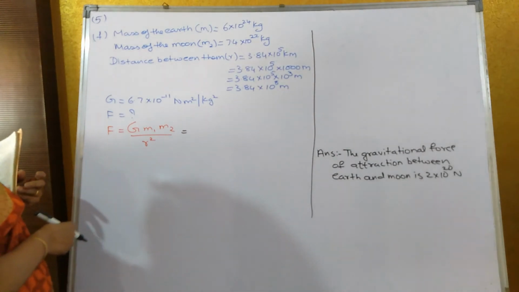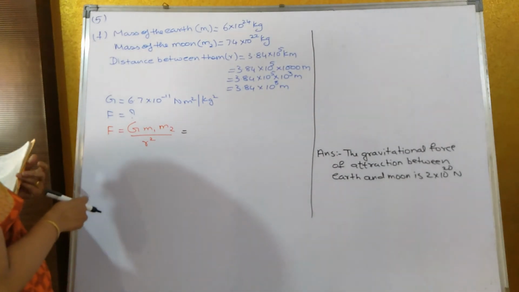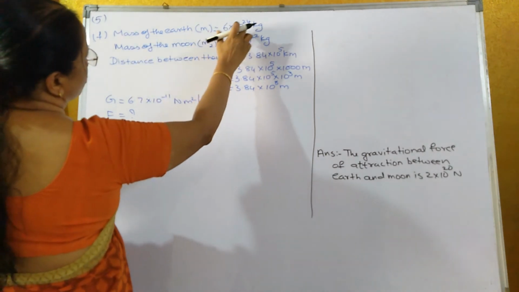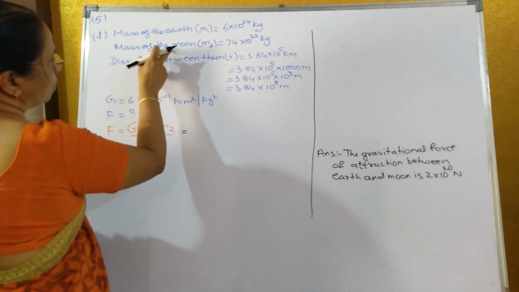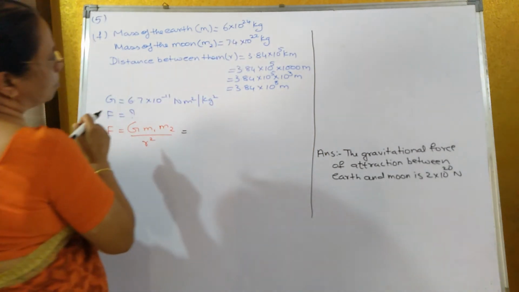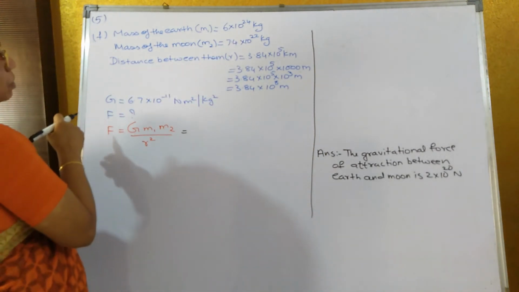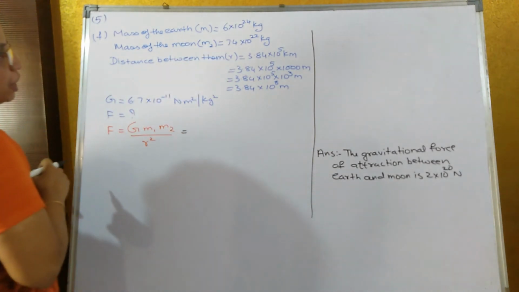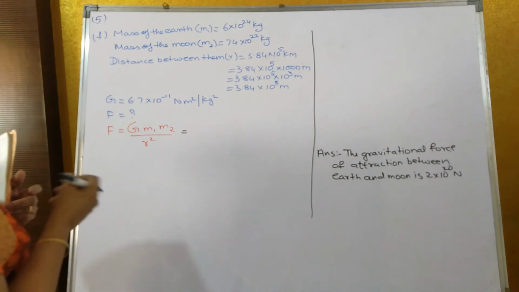Now the sixth sum, the mass of the earth, let us take that as m1 equal to 6 into 10 to the power of 24 kg. Mass of the moon, let us take that as m2, that is equal to 7.4 into 10 to the power of 22 kg. And the distance between the earth and the moon, let us take that as r, which is equal to 3.84 into 10 to the power of 5 kilometer.